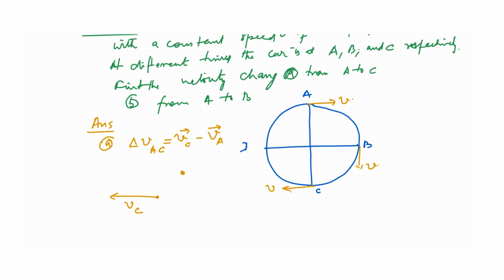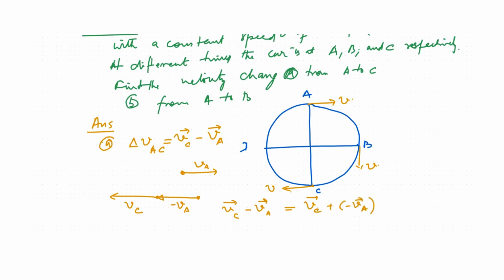So what is my negative VA? Negative VA is like this. Now what is my VC minus VA? As I told you earlier, it is VC plus minus VA.